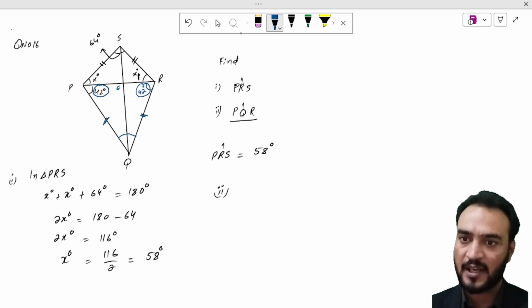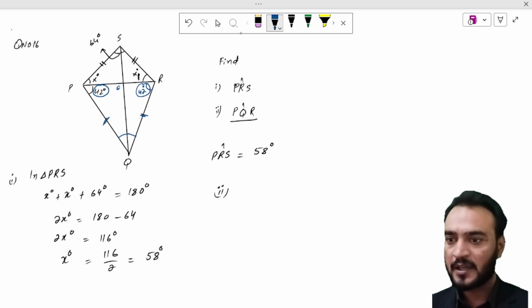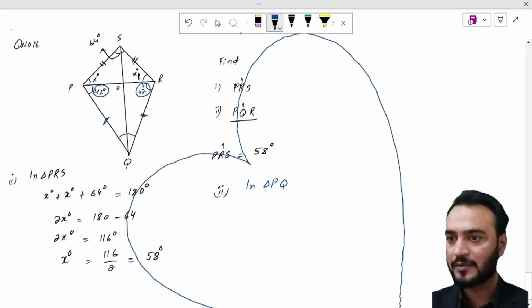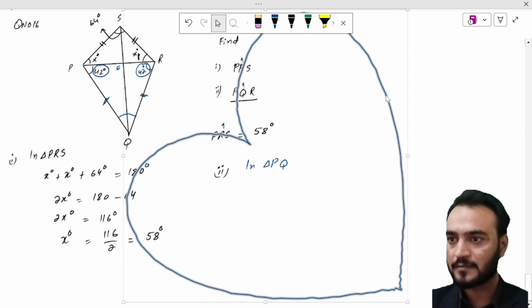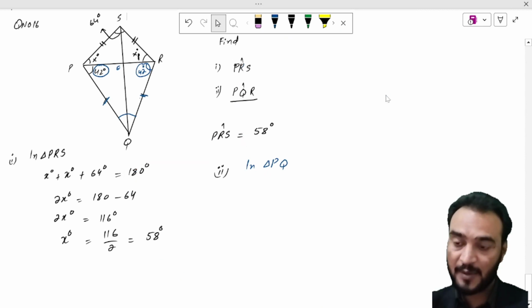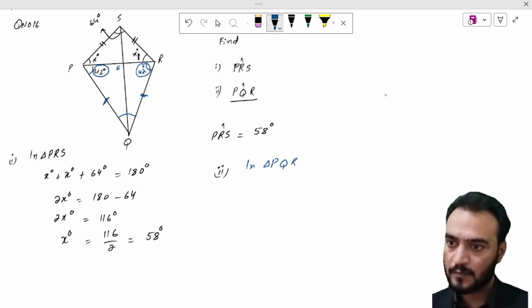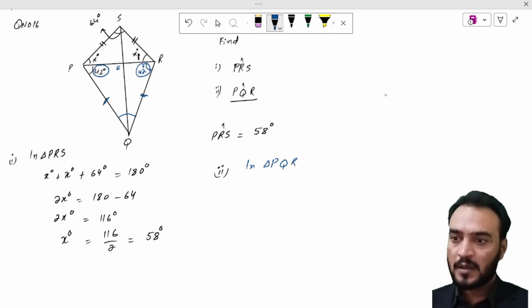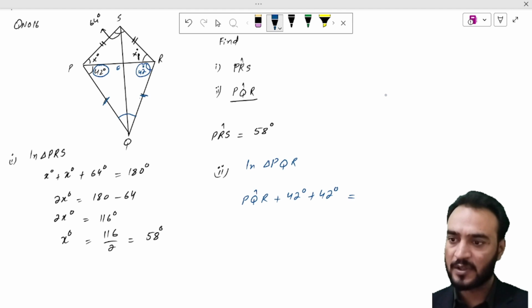Now we consider the triangle PQR. In triangle PQR, the three angles: one is the required angle PQR, plus the other two angles of 42 degrees, 42 degrees plus 42 degrees is equal to 180 degrees.